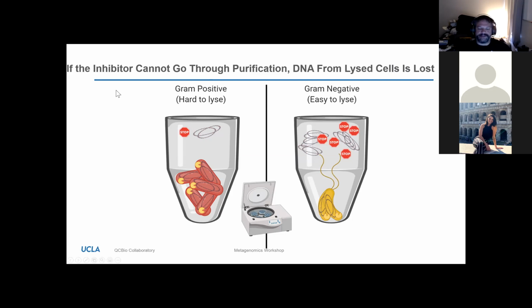And this is basically what the issue seems to be: if you freeze the sample and you have bacterial lysis, or if you just have bacterial lysis happening in the stabilizer itself, that DNA is going to wind up basically going into solution. And if the inhibitor can't go through the extraction process, so for example, RNA-later is a popular one.